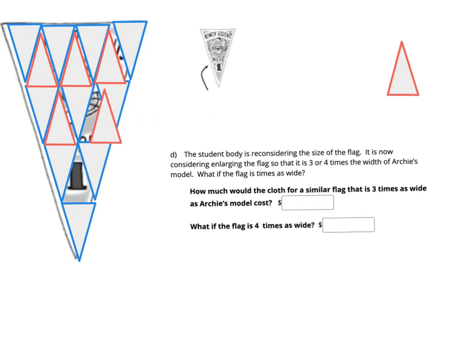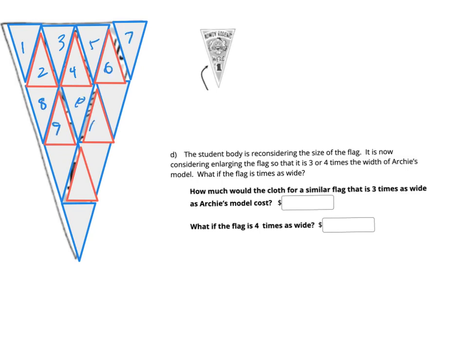And let's go ahead and count them. So we have 1, 2, 3, 4, 5, 6, 7, 8, 9, 10, 11, 12, 13, 14, 15, 16. So there are 16 of them there, and that means that the cost of the cloth will be 16 times the original, so that will be $32.